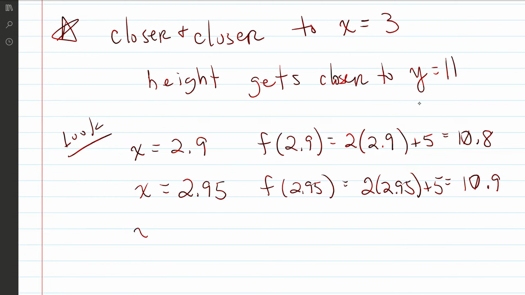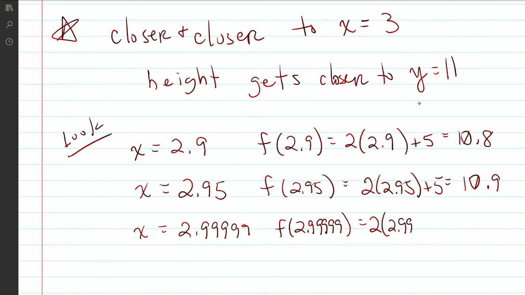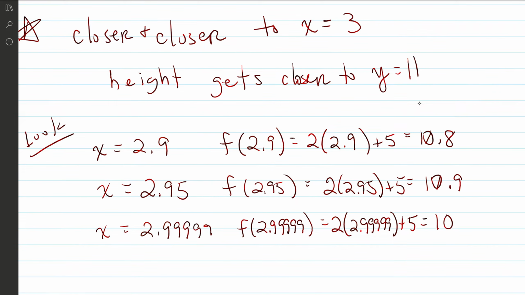All right, I'm going to do this one more time, and then you'll begin to see this a little bit more clearly. 2.99999. So let's take f of 2.99999, and that's going to be 2 times 2.99999 plus the 5. Crunch those numbers, and my calculator is giving me 10.99998.